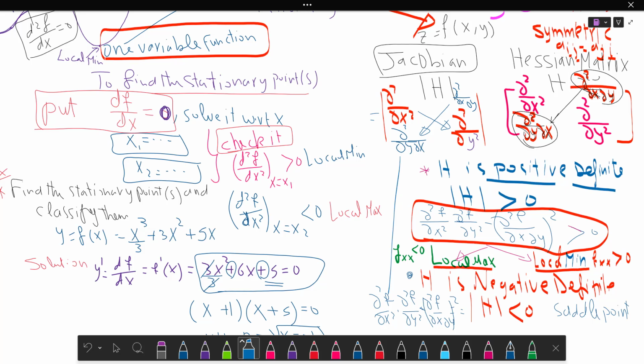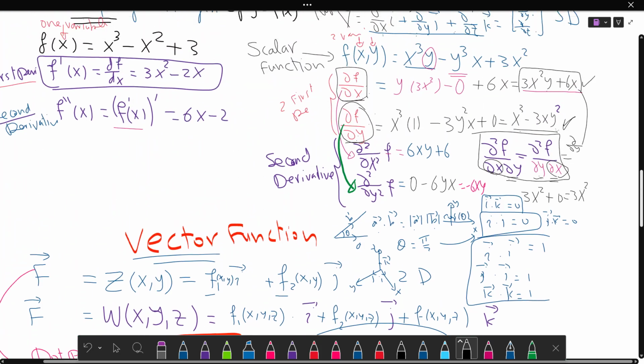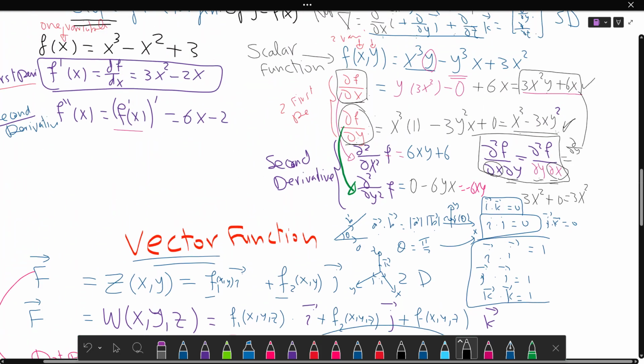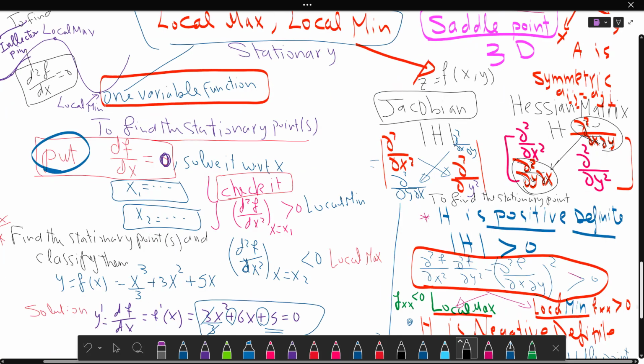You have the second derivative. How to find the stationary point? Exactly like what you have done here, right? You put the first derivative equal to 0, right? So to find the stationary point, how many first derivatives do you have? No, you have two because you are in three dimensions.